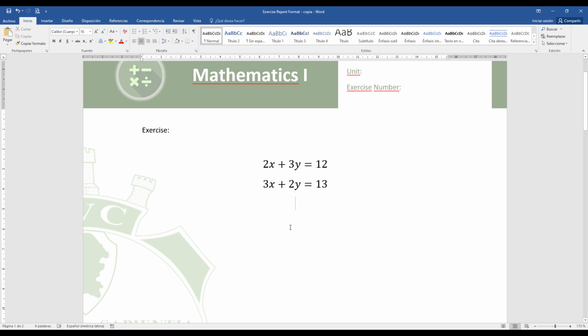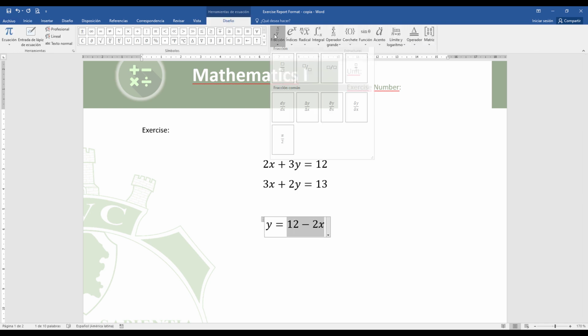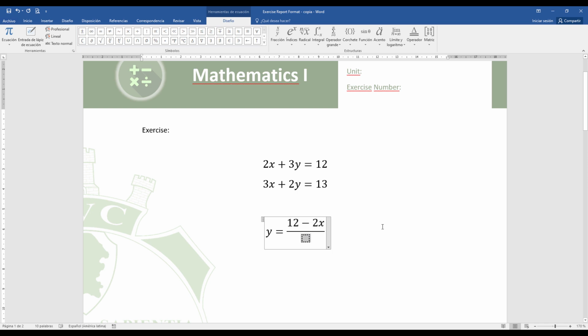We have here the exercise. Remember, you need to isolate first. The first step is to isolate one variable here. For example, I will isolate the y of the first one, divided by 3.